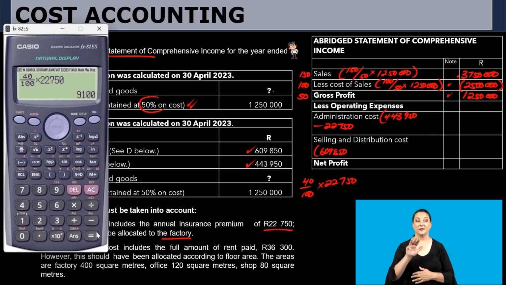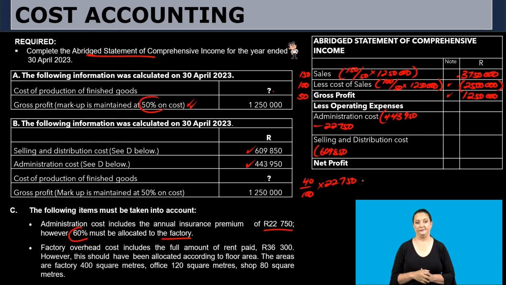That will give me 9,100. That is what was supposed to be recorded under administration. So I'll come in, then I'll say plus 9,100. Let me go to bullet number 2.